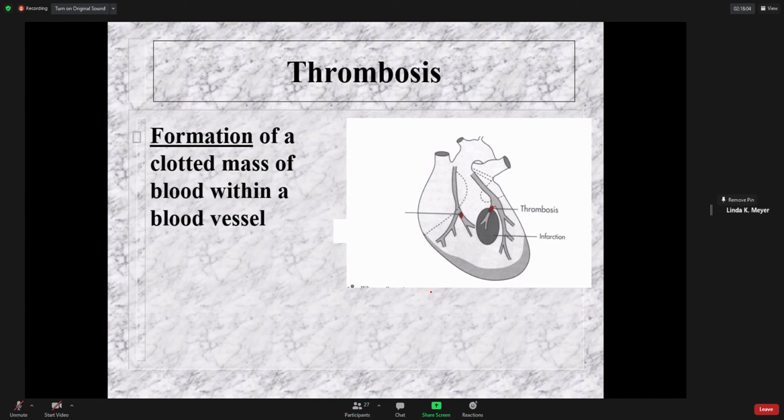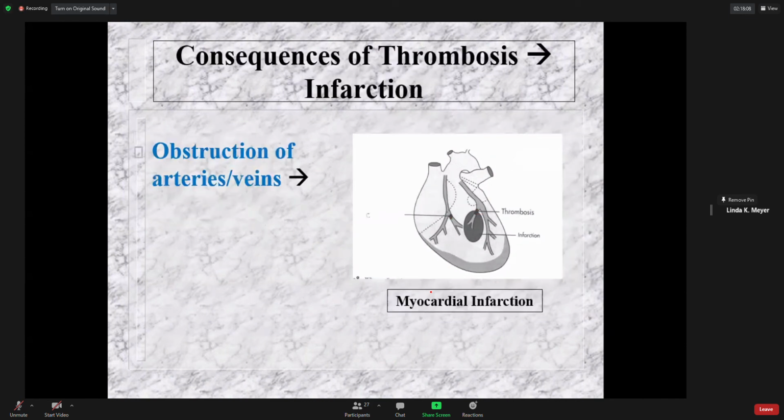Unfortunately, there are negative consequences of thrombosis. And the consequences of thrombosis include infarction. Because what happens is these blood clots obstruct our arteries or veins. The normal oxygenated blood supply is cut off.